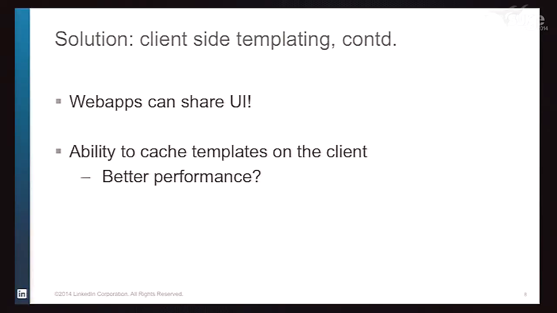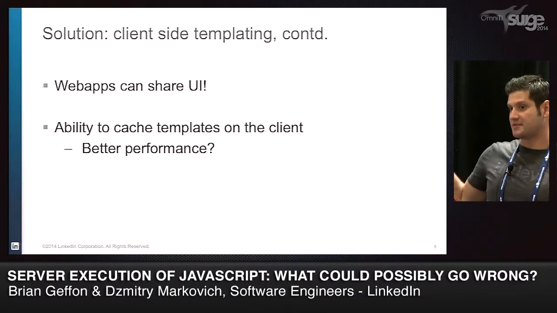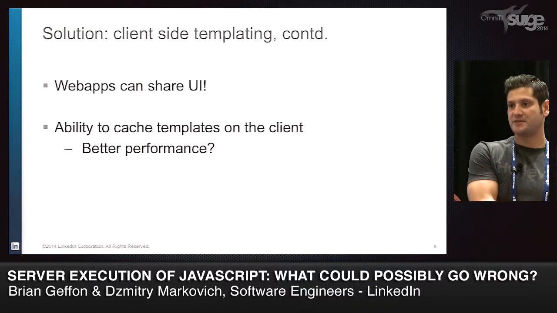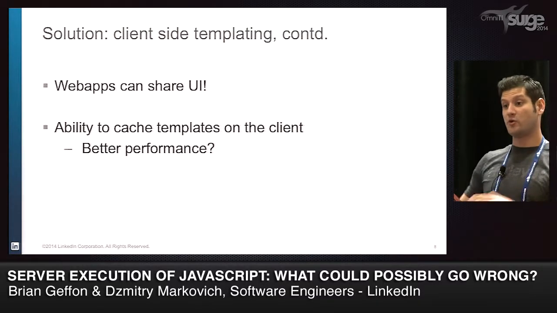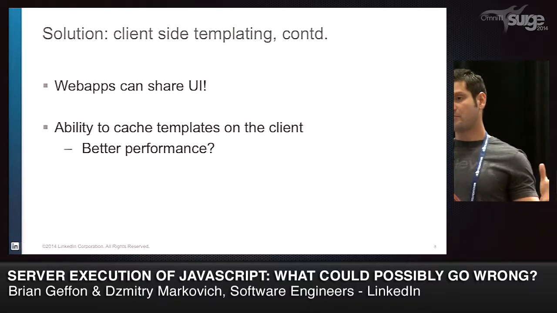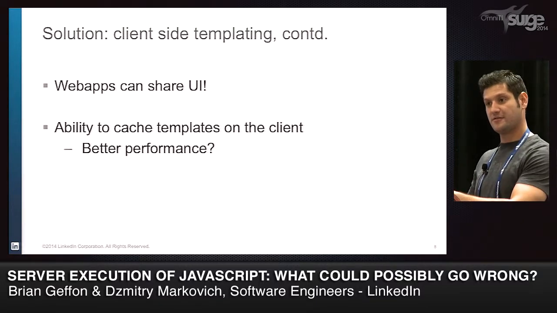Now that we have this system that allows us to share templating across our frameworks, that also means we can share UI. One application team has decided they're going to be most productive working with, let's say, Play Scala. Another application team has decided they want to use Java with JSPs, and let's say a third team has decided they want to use some other framework. By unifying into JavaScript templates, they can now share their pieces across each other.